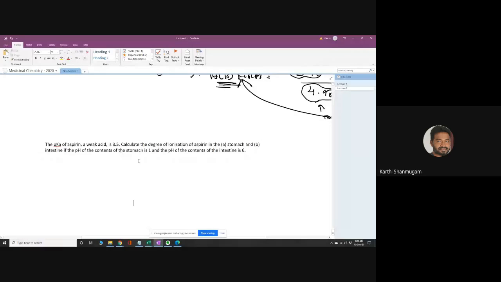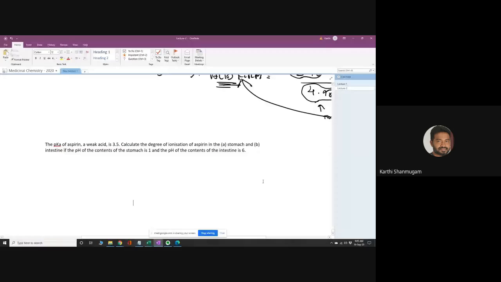The third step is they have given two pH values. One is pH at stomach and the other is pH at intestine. The pH at stomach is given as 1 and the pH at intestine is given as 6. This also we already discussed, the various fluids in the body and the corresponding pH.